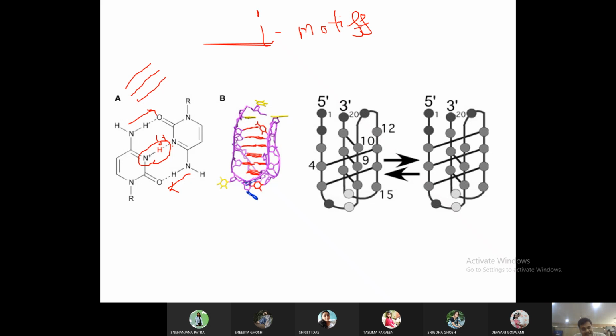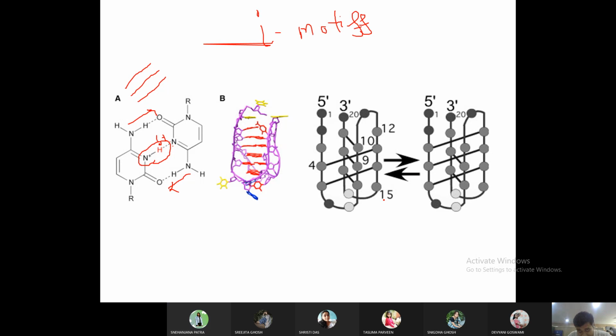But net there will be 3 hydrogen bonds between 2 cytosines, and they form in a crisscross way like this. Crisscross. Okay? Got the point? Yes, sir. Okay, and this is the i-motif.